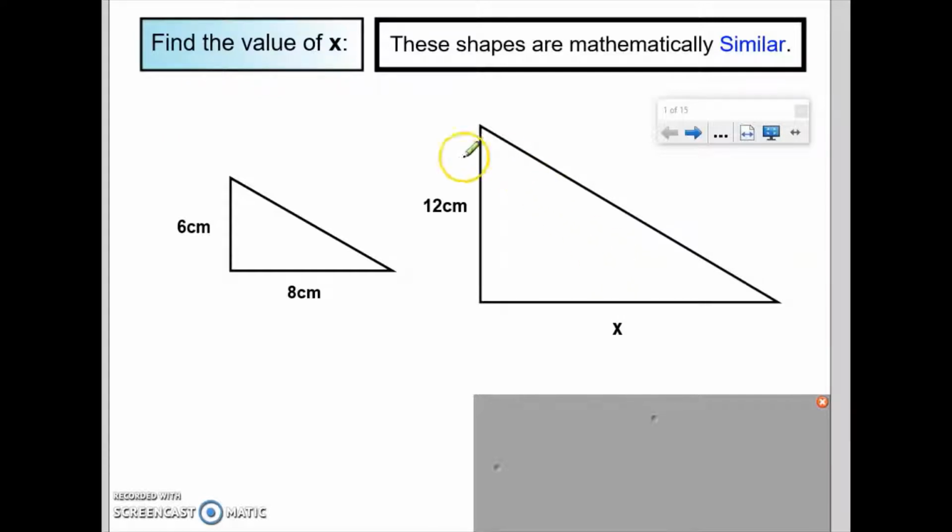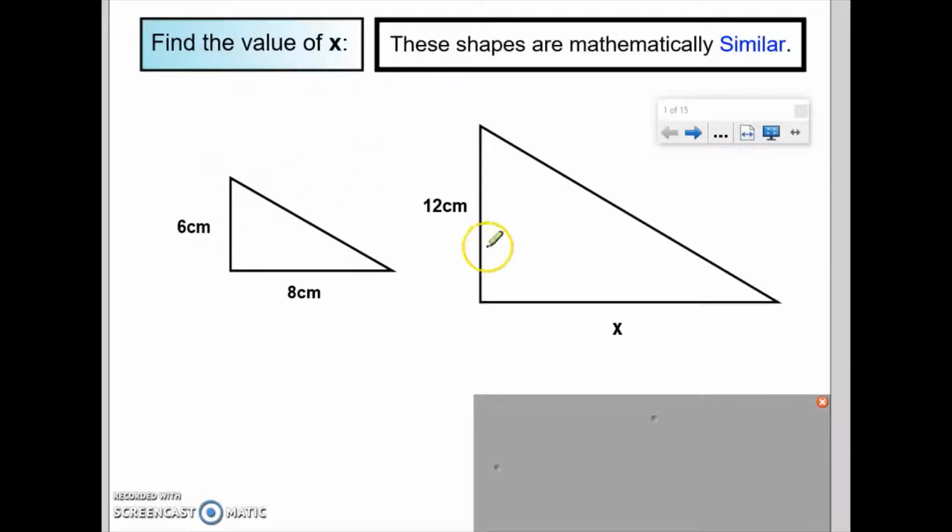So these two shapes are similar. They are not congruent, they are not exactly the same, but they are similar in the respect that their three angles are the same, and one is an enlargement of the other by a certain scale factor. And it's that scale factor we're going to focus on.